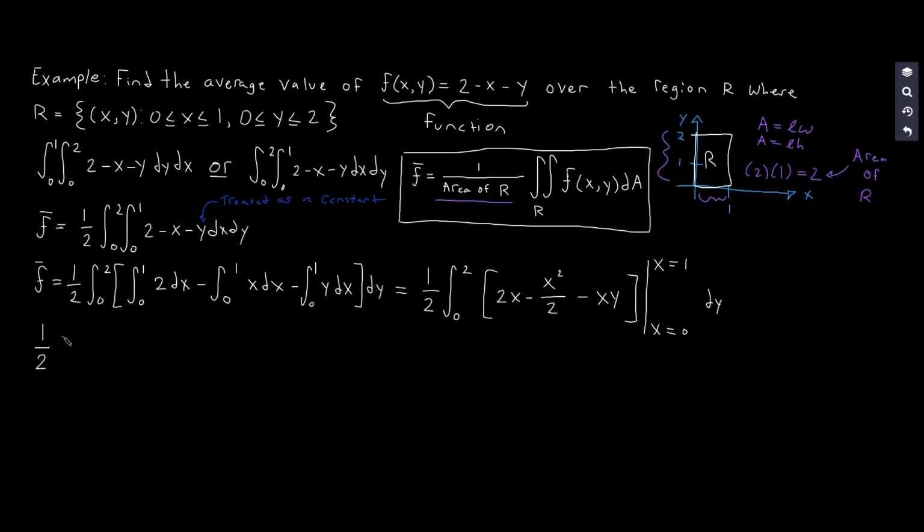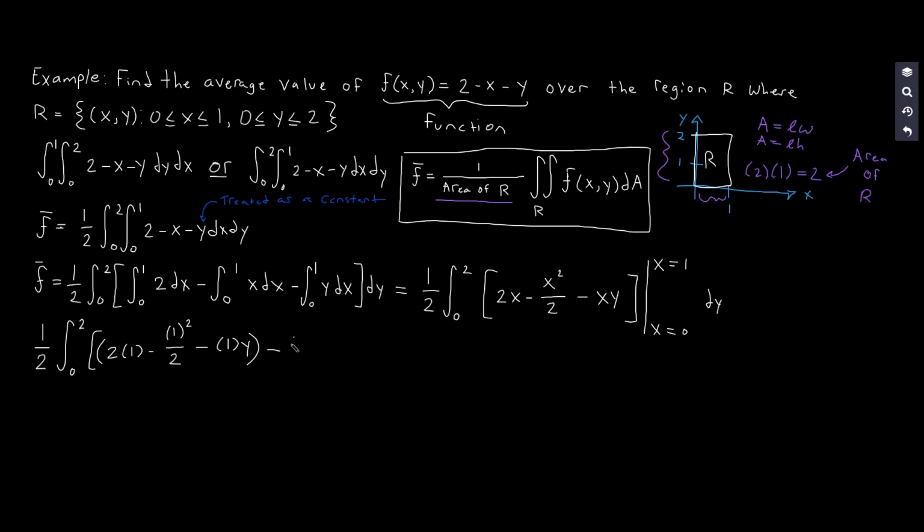And so what are we going to have? 1/2 times the integral from 0 to 2. Let's see. 2 times 1 minus 1 raised to the second power over 2 minus 1 times y.